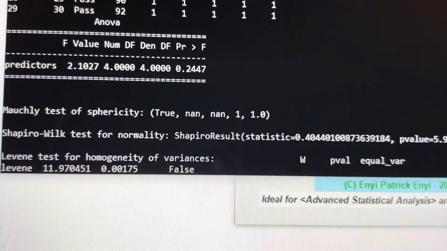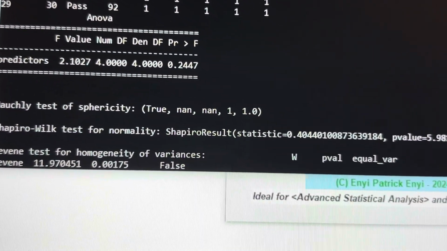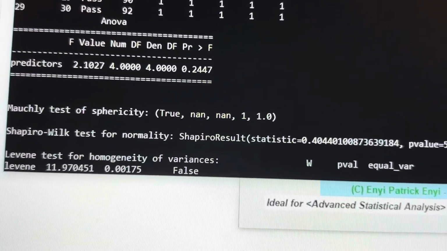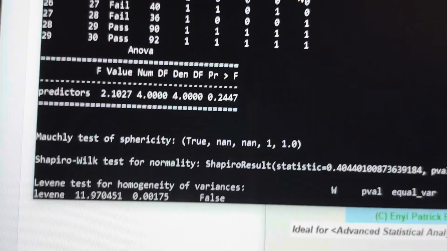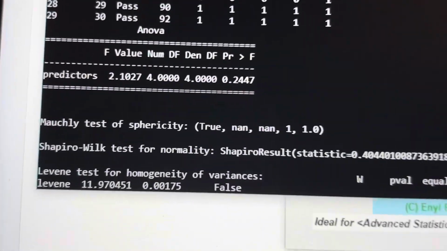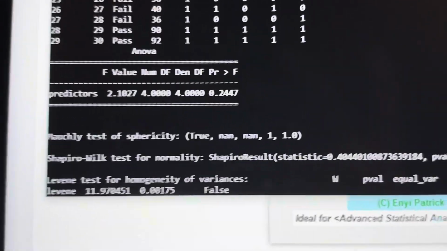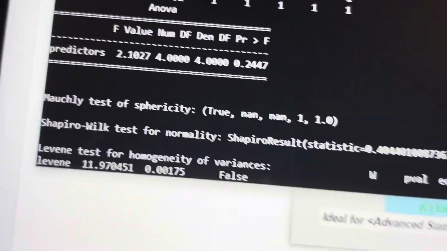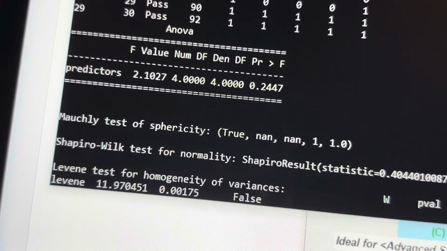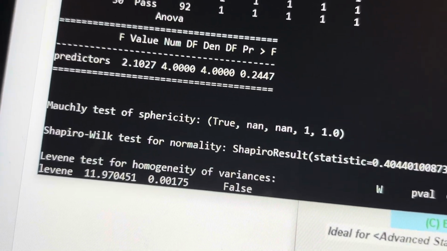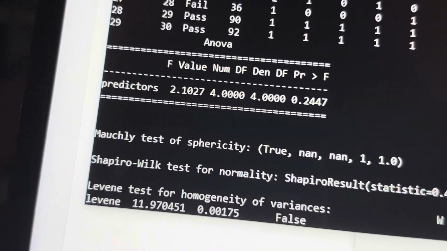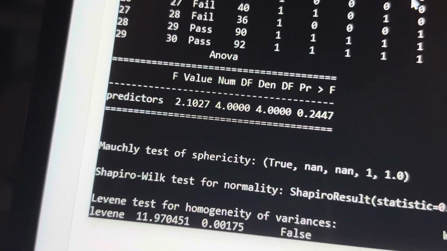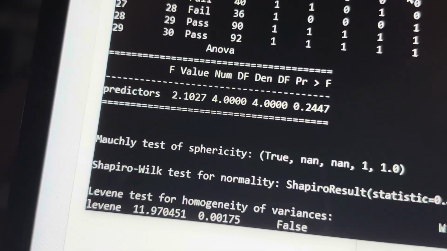You can see it. Now you can see the ANOVA itself is showing that the analysis of variances probability is 0.24, which means not significant. Like the difference is not too significant.